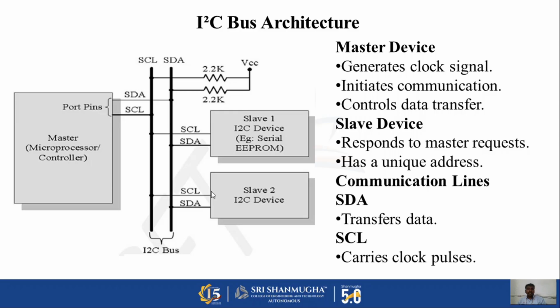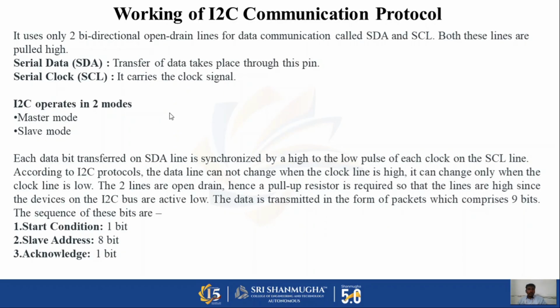This significantly reduces the number of wires required in a system. For example, a microcontroller can communicate simultaneously with a temperature sensor, humidity sensor, EEPROM memory and RTC module using only two communication lines. Let us now see how the I2C protocol works internally.